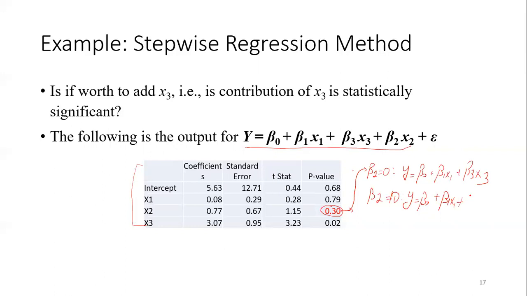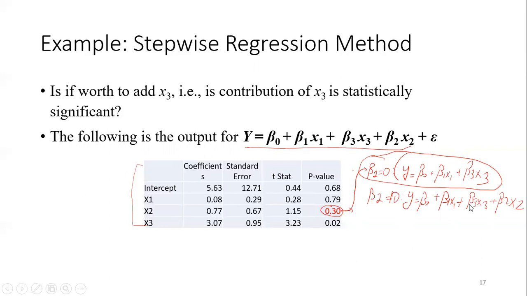And plus beta 3x3 plus beta 2x2. So this says that you cannot reject the hypothesis, and this hypothesis is selected, which means your model is still beta 1x1 and beta 3x3. Okay? You cannot add x2 because it doesn't have a significant contribution to the model, right?